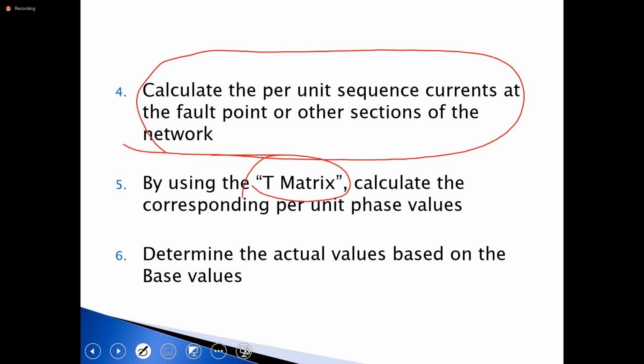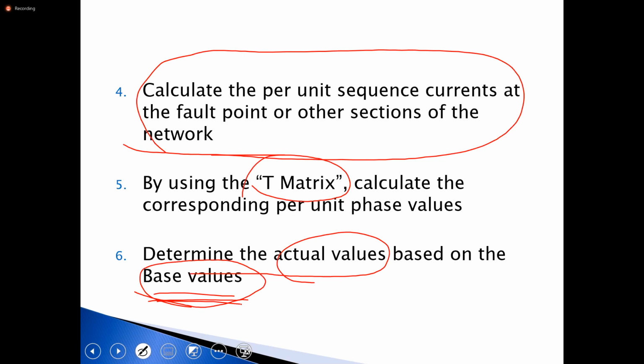Whatever you're calculating, whether it's currents or voltages, you're going to then give the actual values by using the base values. All right? So for every network, you would have already selected the S base for the entire network.